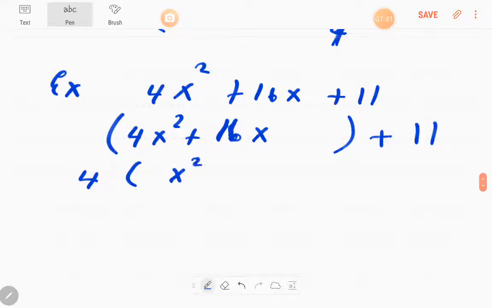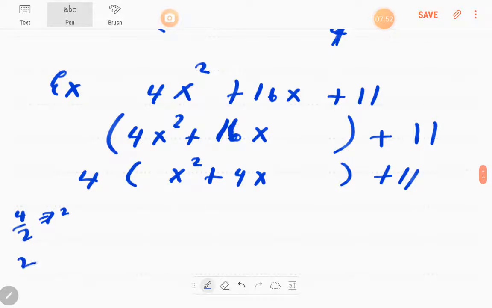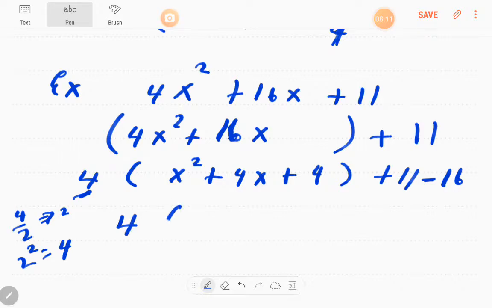So we'll have x squared plus 4x. And now we take half of 4, which gives us 2, and then 2 squared is 4. So we're adding 4 here, but we have to be careful. There's a 4 on the outside. So in actuality, 4 times 4 is 16. We actually added in 16, so we have to subtract back out 16. So keeping the 4 on the outside, we've completed the square. So 4 times (x + 2) squared, and then 11 minus 16 is minus 5.